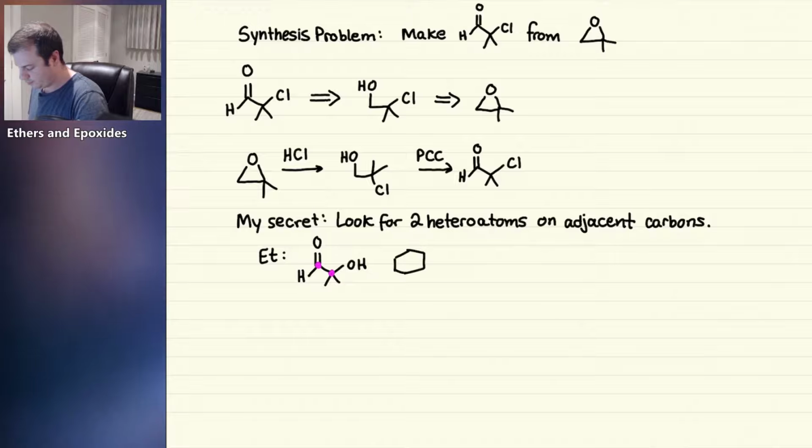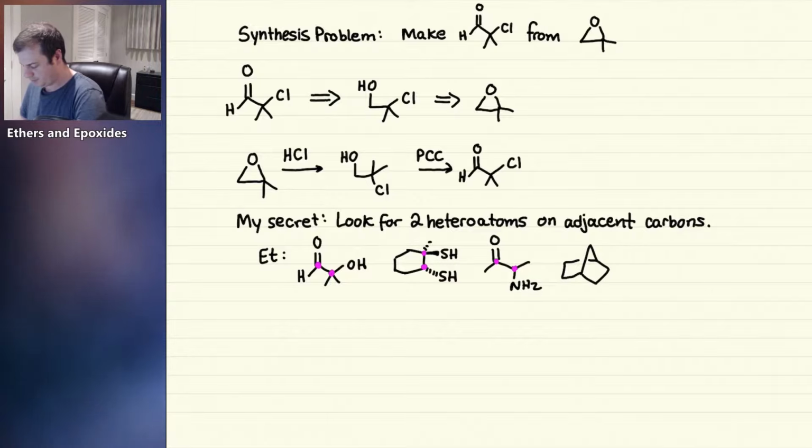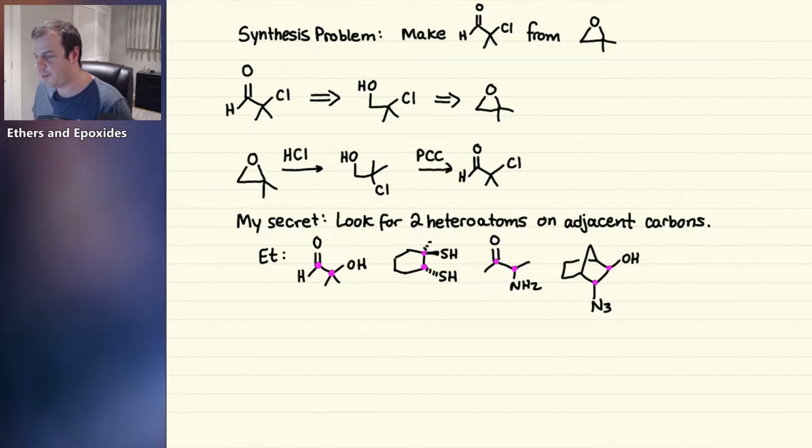Another example. Again, two heteroatoms on adjacent carbons. And we could even have a bridged bicyclic molecule here. Again, all four of these compounds could be made from epoxides, and so the secret is noticing that all of them have this in common, where they have two heteroatoms on adjacent carbons.